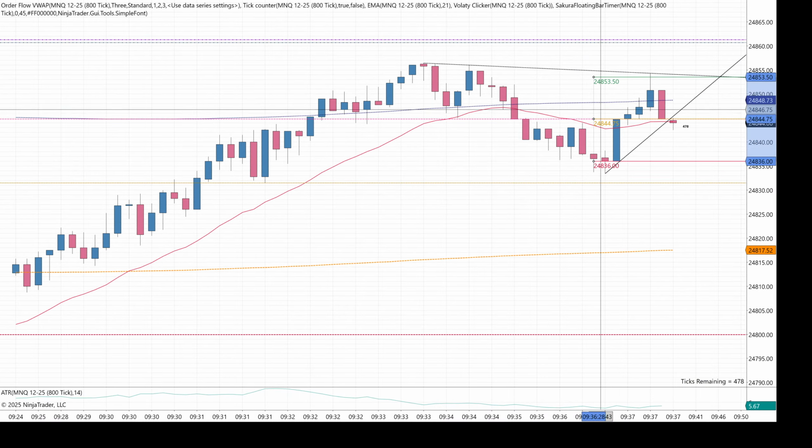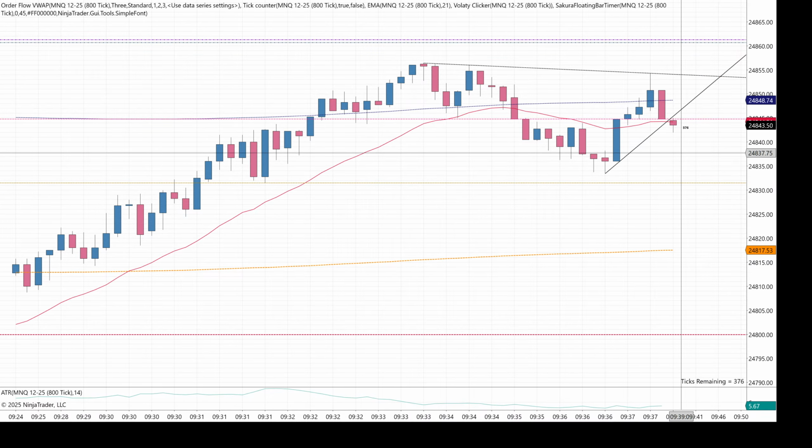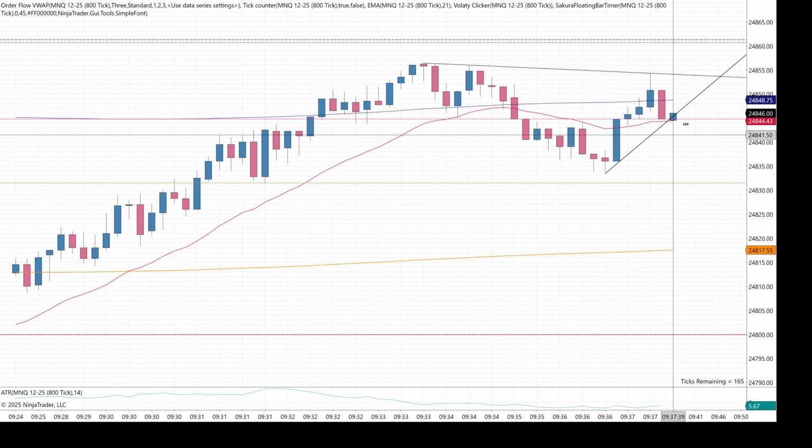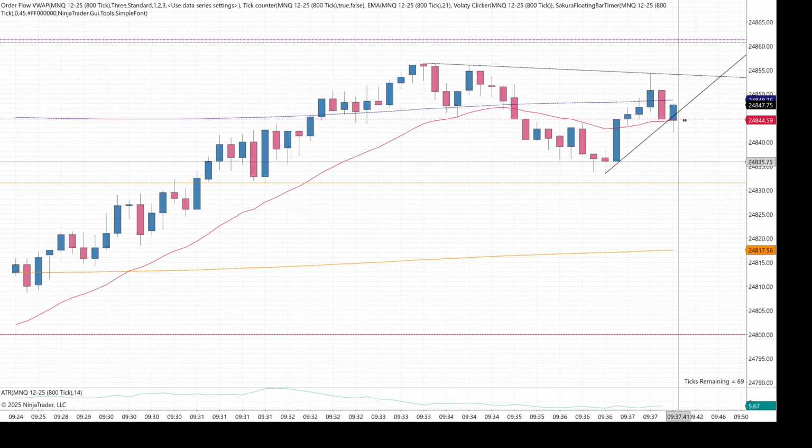All right, runner's out. This is a signal to go bearish if we get a bearish candle here below the 21 EMA, but we don't.